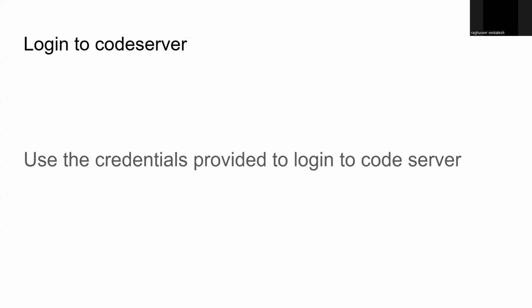Yeah. So all of you would have got a slip like this one. Here there is a URL for a code server. If any of you have Docker installed on your laptop, you can just go ahead and use it.